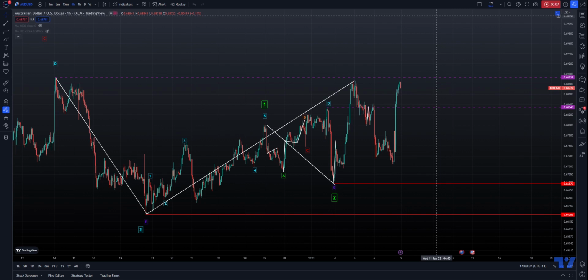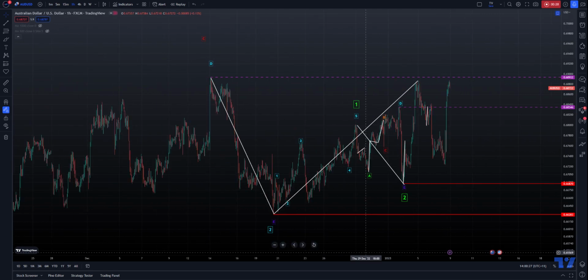So I thought I'd start off with a question from one of the viewers, basically asking what I think of the 69 cent area and why it is such a resistance point. With all E waves, all breaks of E waves, you get this kind of resistance due to it needing to be broken for confirmation.